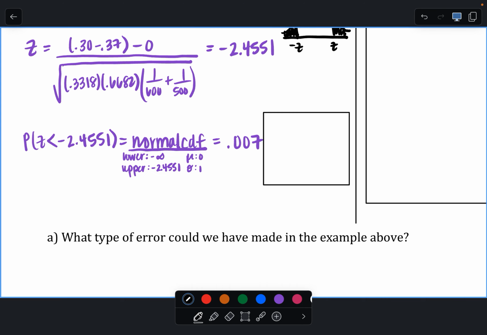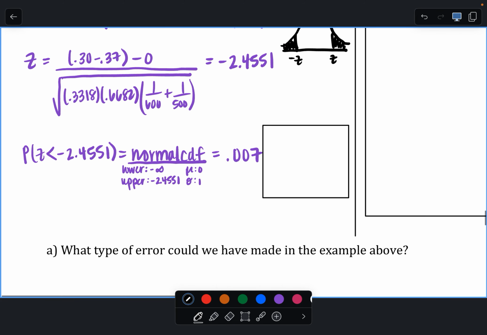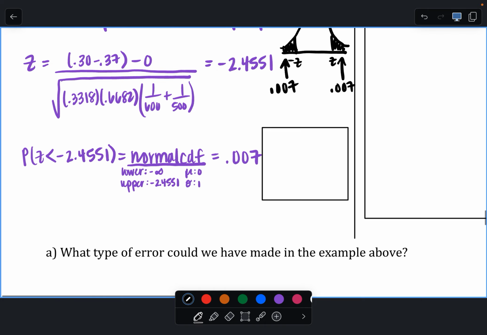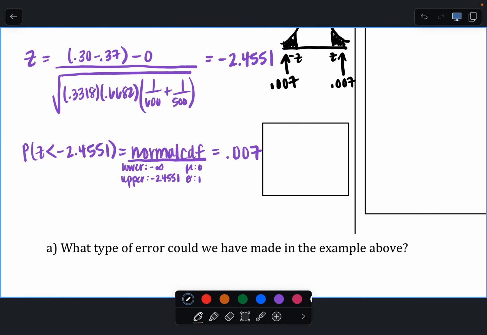And before you go in and box that answer, just remember this is only the lower half. So this area in the bottom is 0.007, but I also have to remember that this is a two-tailed test, and if it is two-tailed, that same area is also in the top.